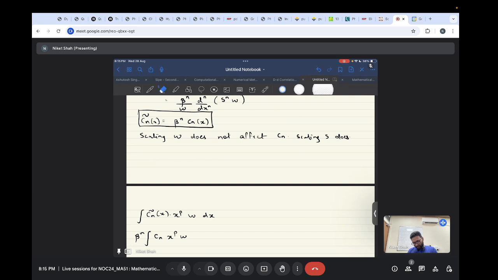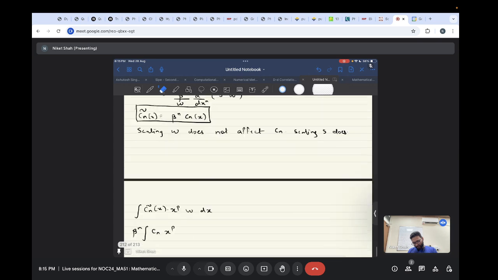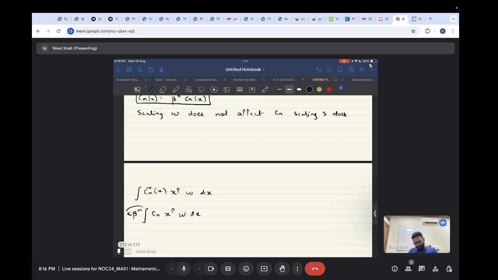Okay, so w also is scaled now, right? W is alpha into w, which I can take common outside. Alpha w dx. So these are constants outside, but the inner thing still goes to zero. So the orthogonality relation is not affected because of scaling, but Cn value will be affected.